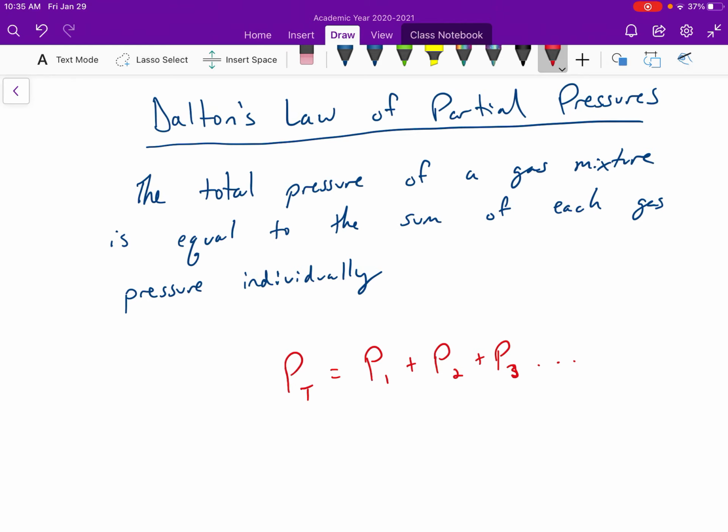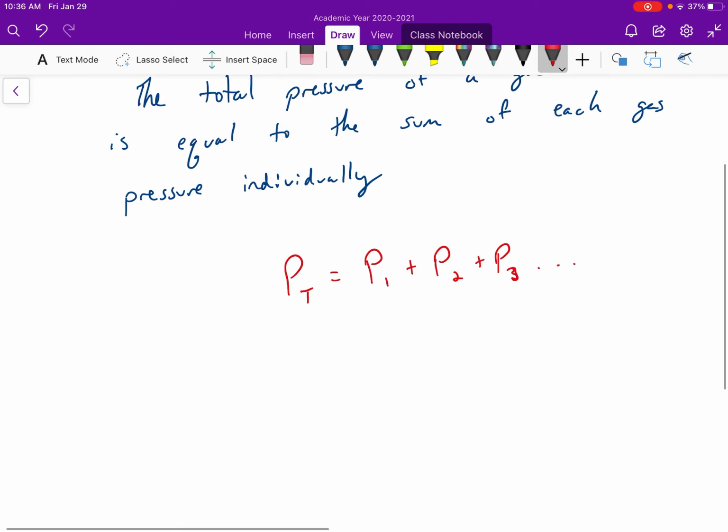The other kind of cool thing about this law is it's super helpful in some of the challenging problems because it allows you to do the math for each gas individually and then add them at the end. One thing we also know is, according to the ideal gas law, pressure and moles are directly related. Now that's not an official law that we talked about, but it's true, obviously.